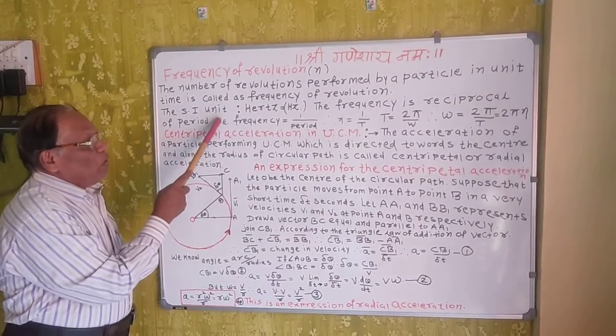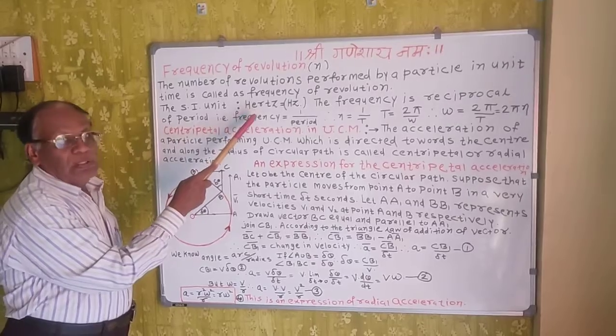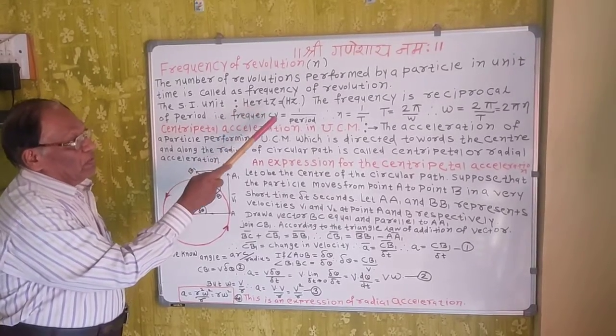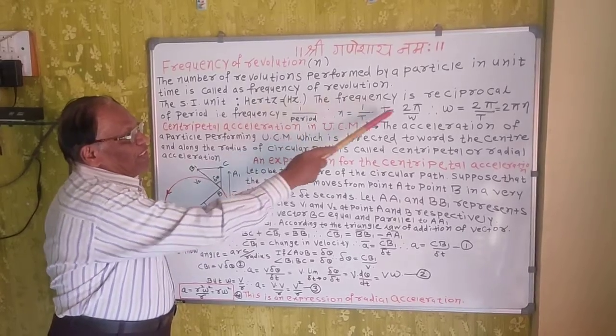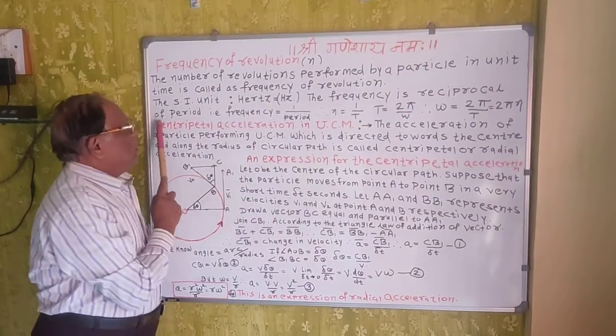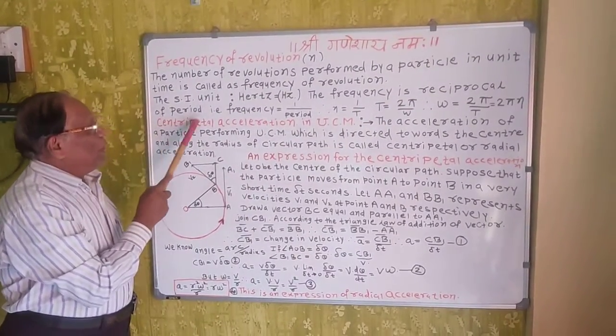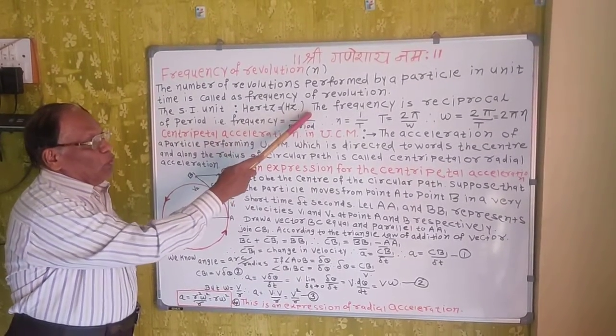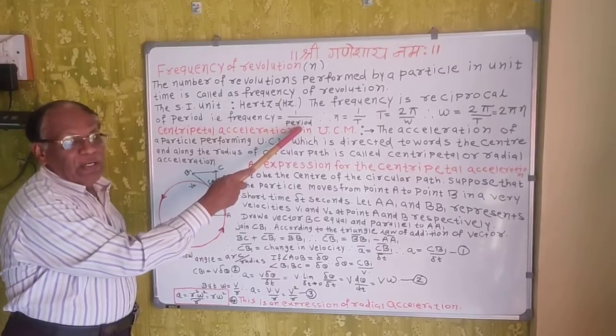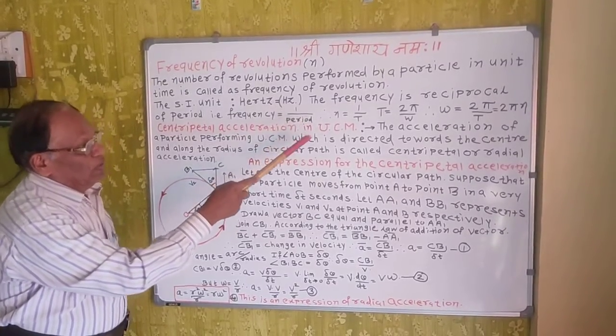The SI unit of frequency is hertz, that is Hz. The frequency is the reciprocal of period, that is, frequency is equal to 1 divided by period.